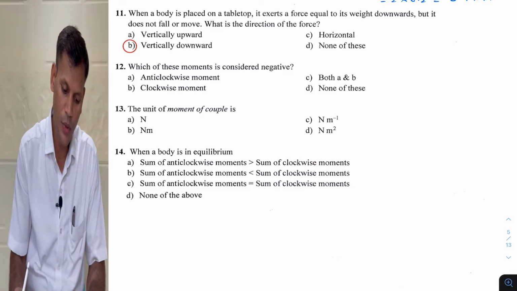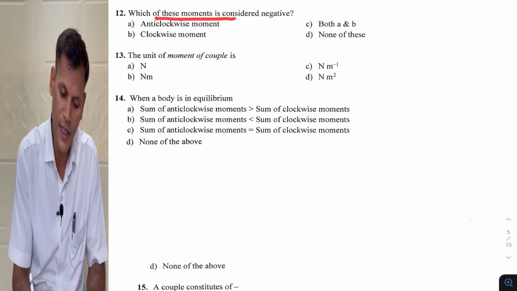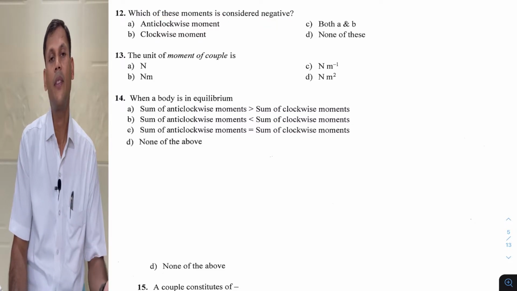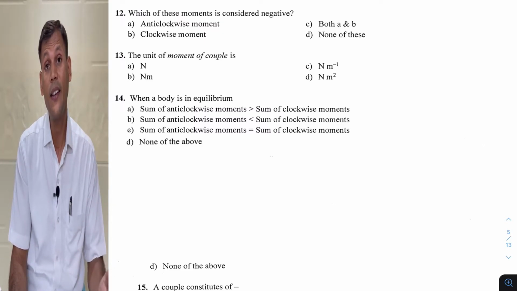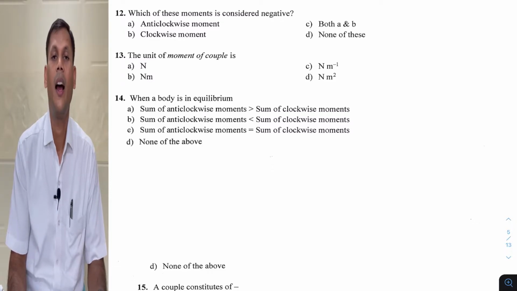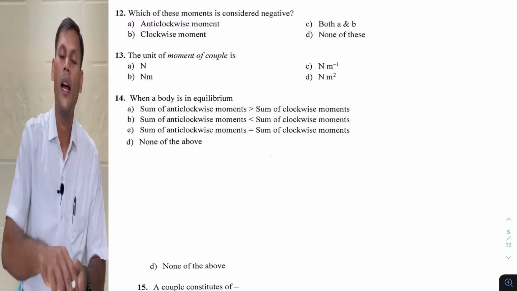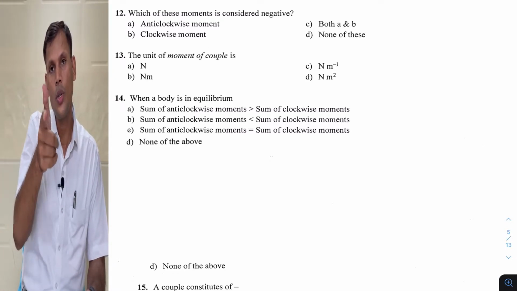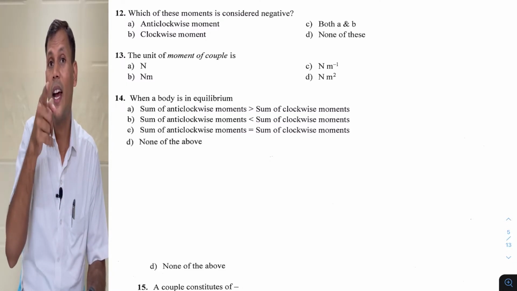Now question number 12. Which of these moments is considered negative? So of course we have studied clockwise moment is considered as negative, anti-clockwise is taken as positive, and it is given by the right hand screw rule. As we rotate the screw clockwise, it goes inward, and inward is the negative z axis.